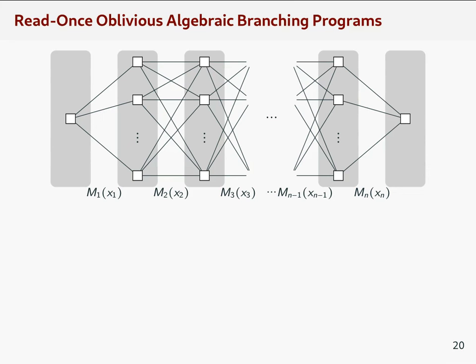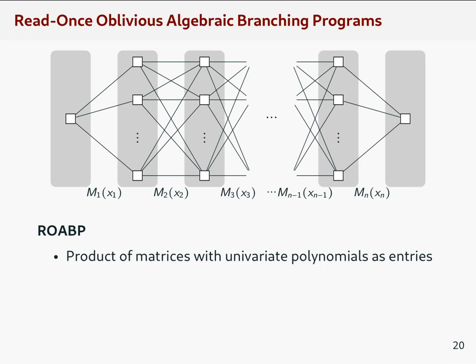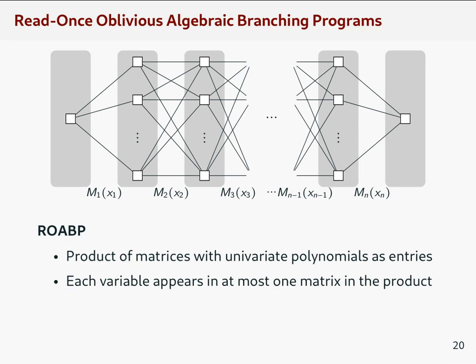So critically, every variable appears in exactly one layer, or between every pair of layers there is at most one variable that appears there. Every variable appears exactly once. So another way to define this is just that ROABPs are polynomials that are products of matrices, where each matrix's entries are univariate polynomials in the same variable, and moreover, each variable appears in at most one matrix in the product.